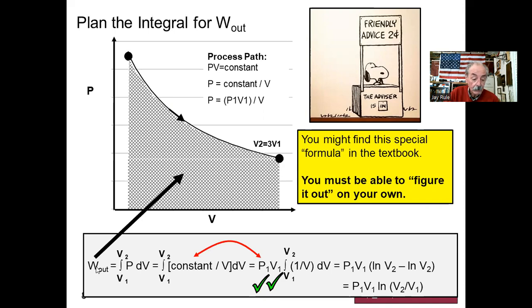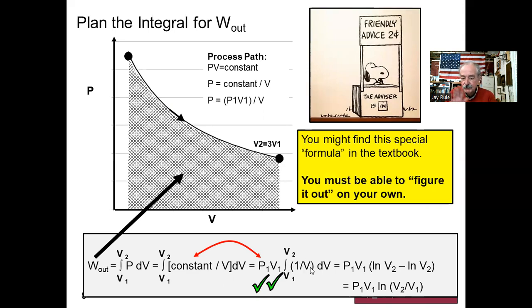Okay, so let's do the math. Work out is equal to the integral of P dV, which equals P1 V1, pulled out of the integral, times the integral of 1 over V dV, also known as dV divided by V. That's also V to the minus 1 dV, right?